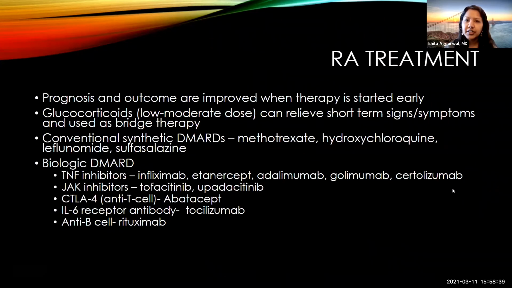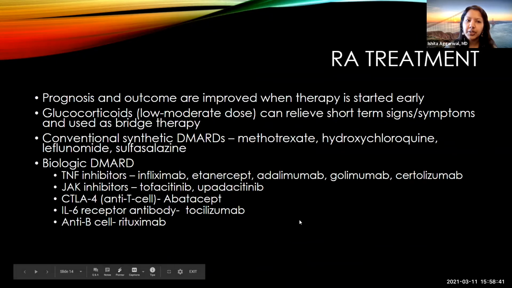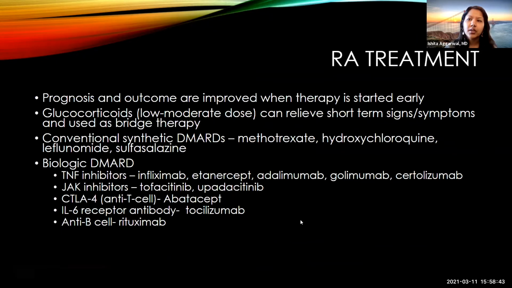So to briefly touch on the treatment for rheumatoid arthritis, the prognosis and the outcome are improved when the therapies are started early, and there's better prognosis within weeks or months of onset with the initiation of what we call a DMARD, disease-modifying agent.